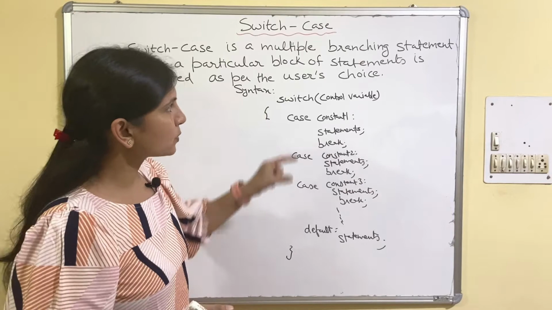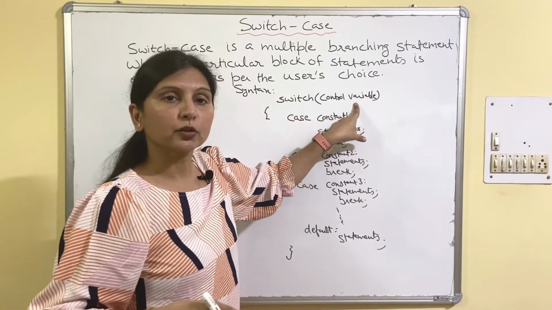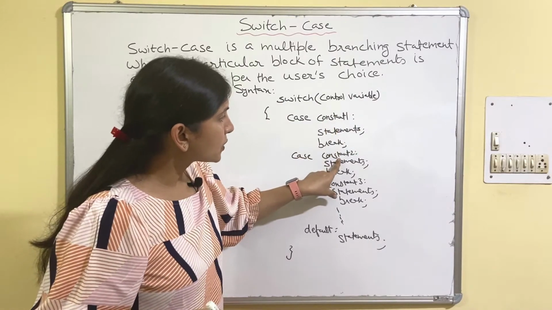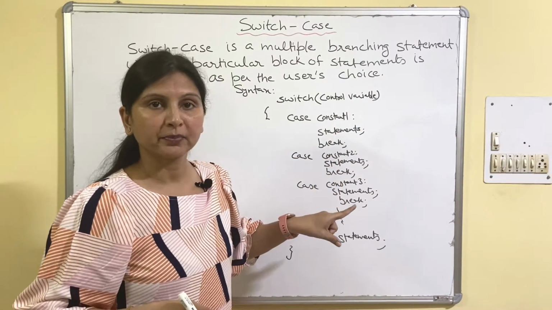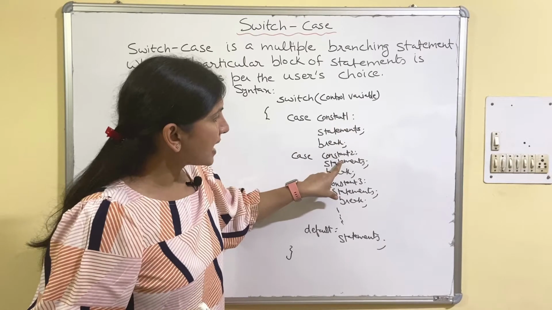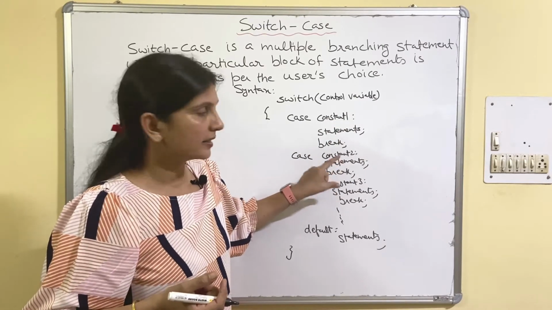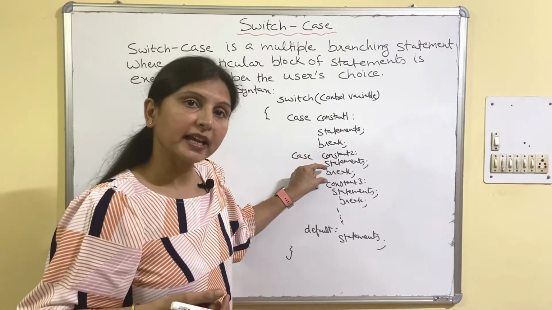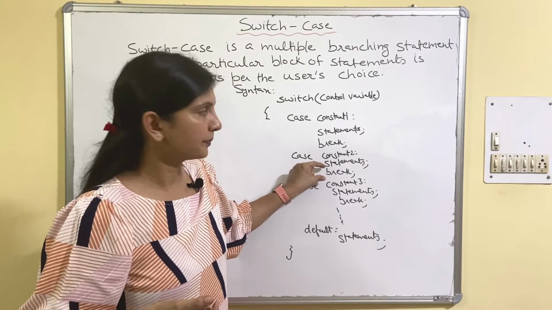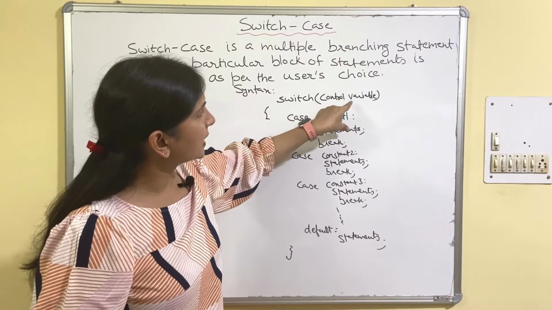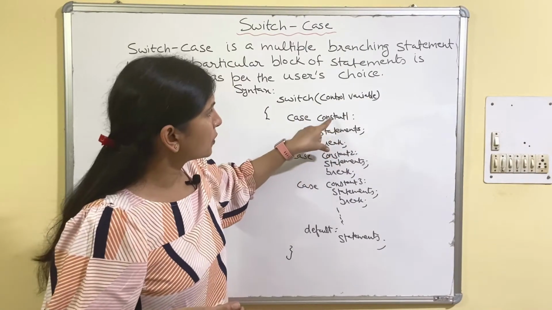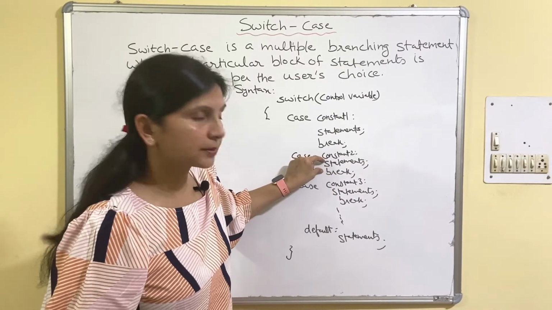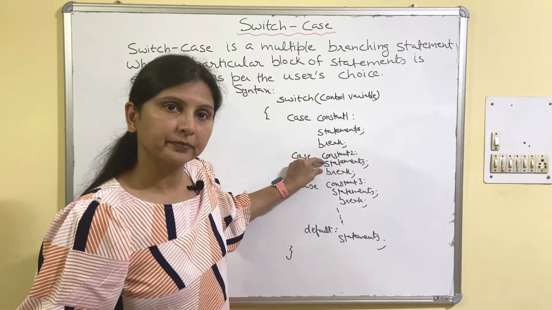The value of the control variable is matched with these values, constant 1, constant 2, constant 3. If the value matches with any case, then the statements of that case will be executed. For example, the control variable is 2. Constants we take as 1, 2, 3, 4. So this is 2, and this particular statement will be executed.